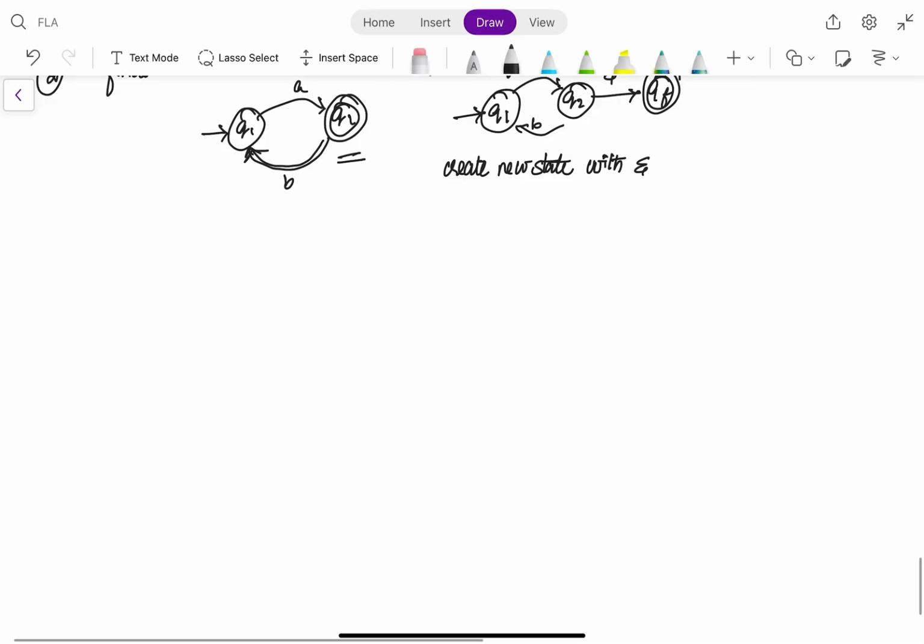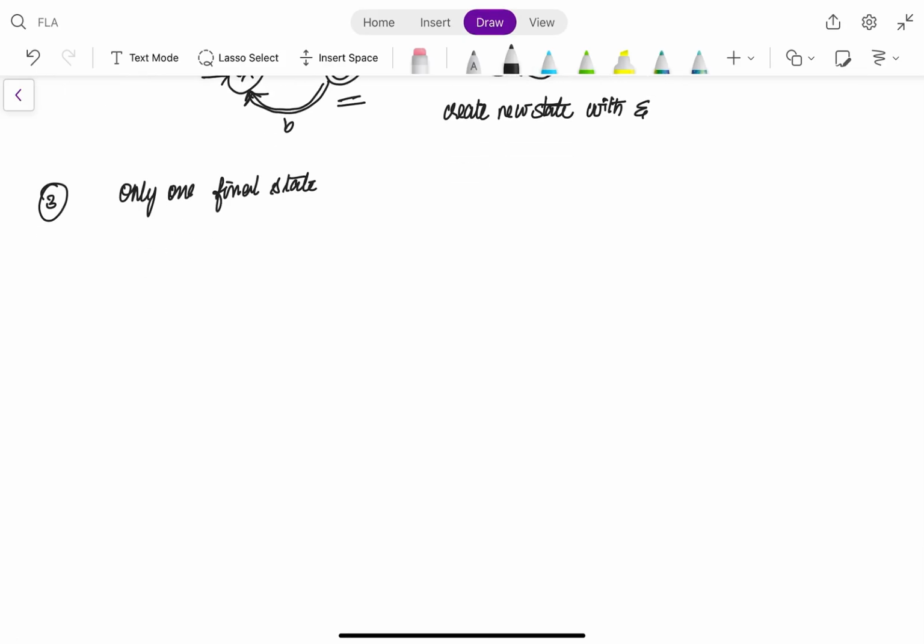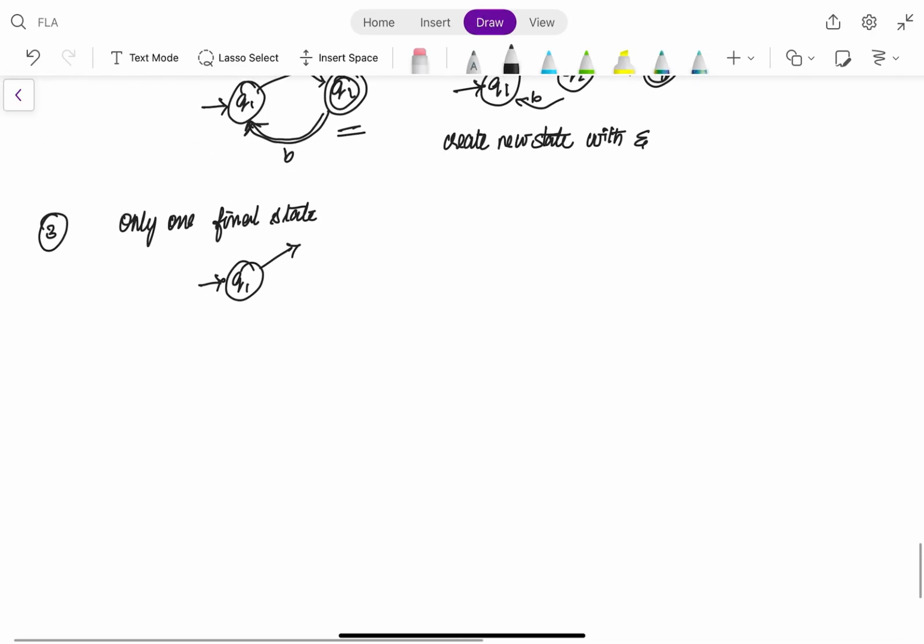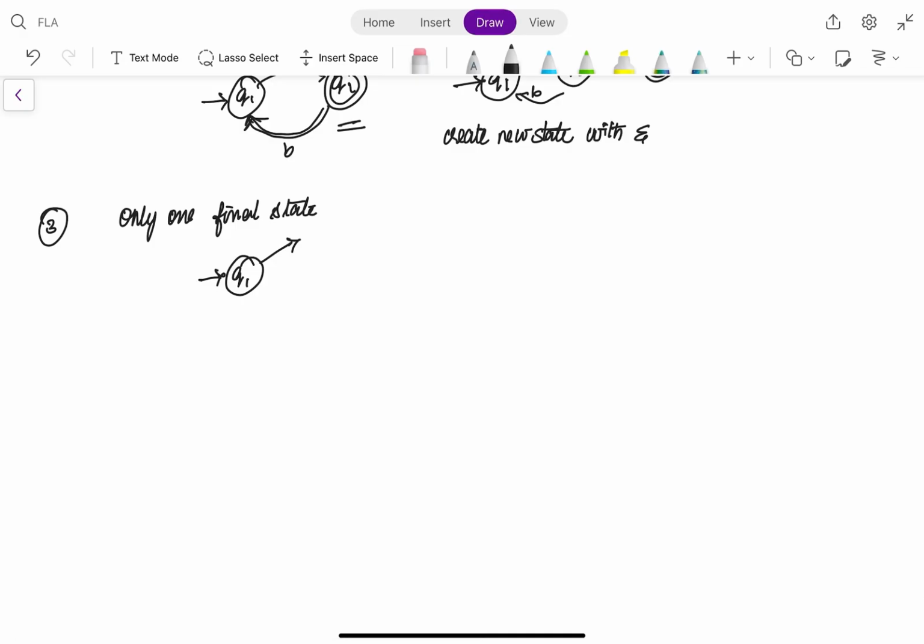The third rule is there should be only one final state. If an automata has multiple final states, you have to convert it to one final state. How will you do that? Here you have multiple final states. This is one final state, B is another final state, so here we have two final states.